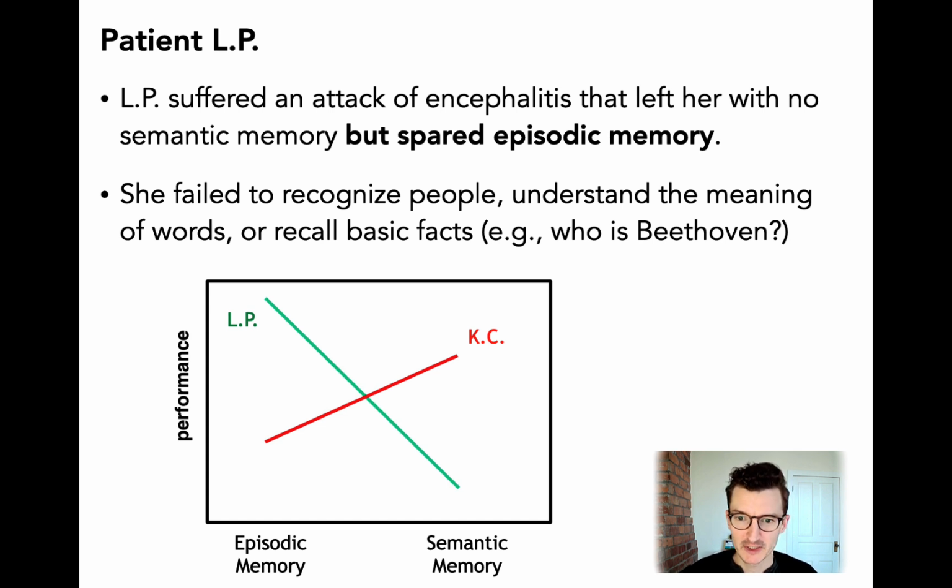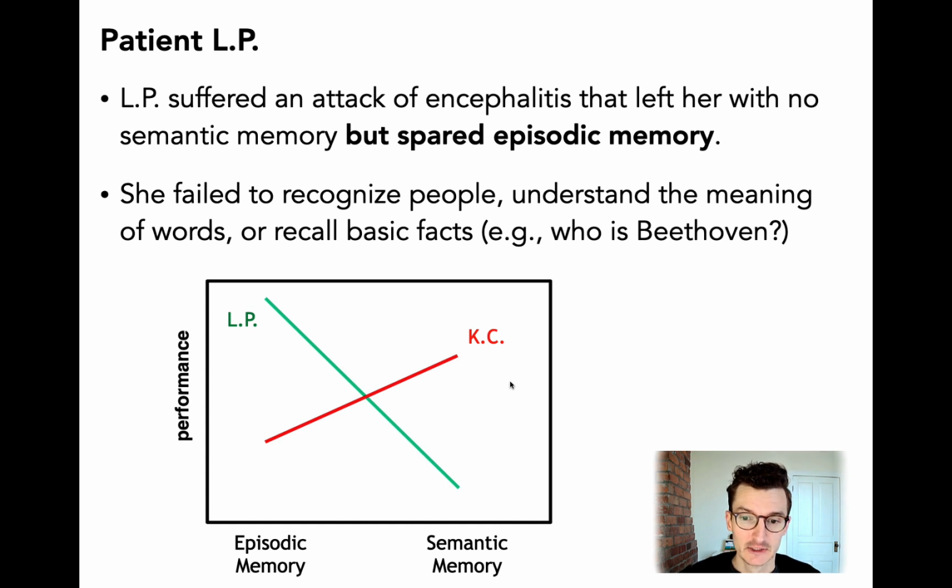And so if we put LP and KC together, we have a double dissociation, right? And this is, as you know, if we're neuropsychologists, what we're looking for, because it suggests that episodic memories and semantic memories are dissociable in both the mind and the brain. So the mind distinguishes between these two forms of memories, and they also rely on different brain areas.